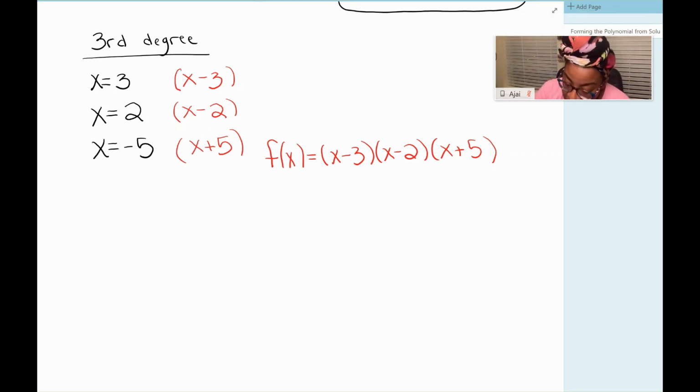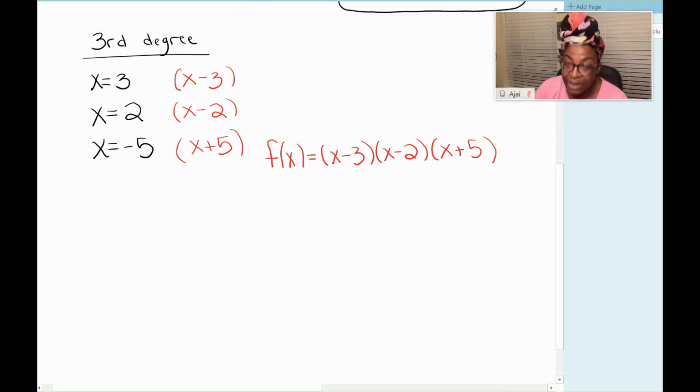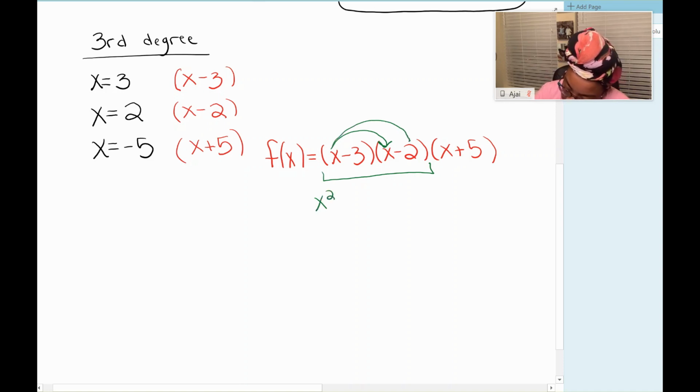And don't make a big deal out of the distributing. It's a tedious job, but it's very manageable, okay? Just do 2 binomials at a time, right? So I'm going to look at these first 2 and I'm going to multiply them together, which means I have to FOIL basically. So I take the first and the first. That's going to give me x squared. Then I do this and this, the outer, and that's going to give me -2x.